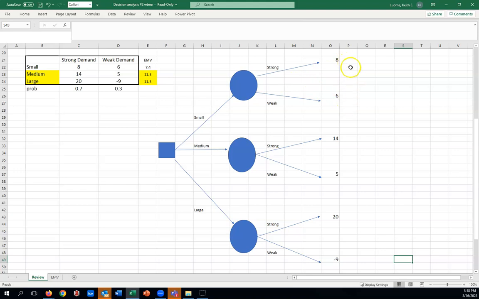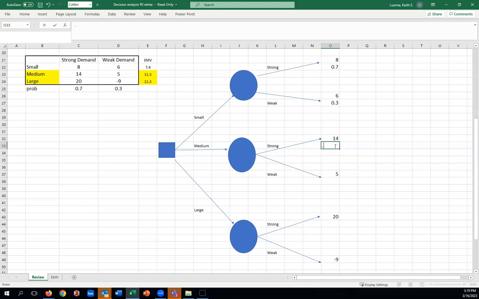So what we want to do is weight these outcomes to get an expected value for having purchased a small condominium. So with each of these outcomes, let's list the probability associated with it. Strong demand is associated with a 0.7 and weak demand is associated with a probability of 0.3.